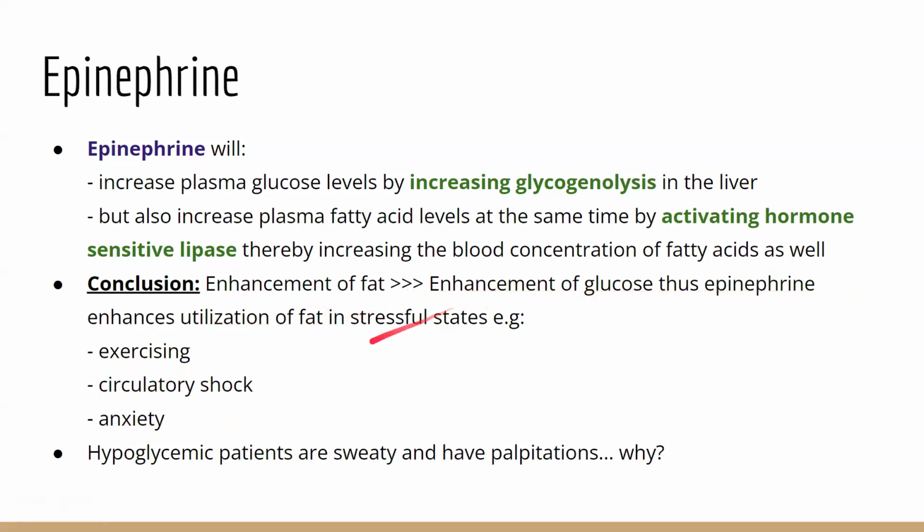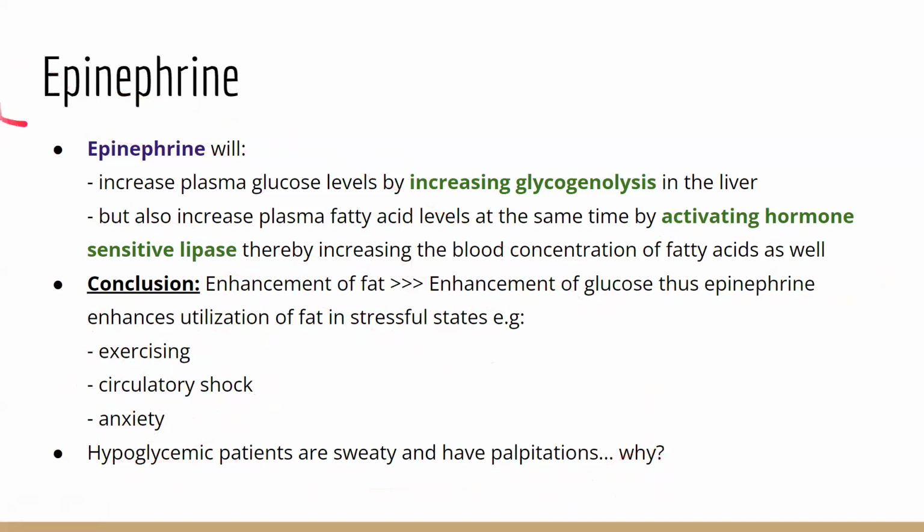So you'll notice these people usually tend to lose weight. That's just one of the symptoms. One more thing that you mentioned, which is important in terms of clinical presentation, if they give a case to you, is a person with hypoglycemia might also sweat and have palpitations, which is mentioned here.